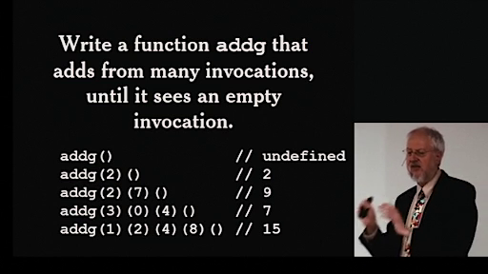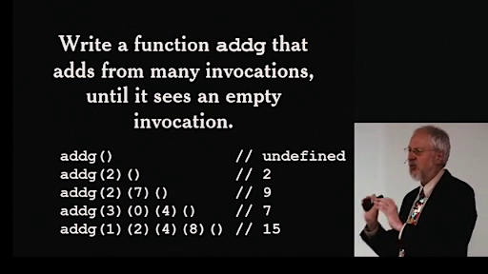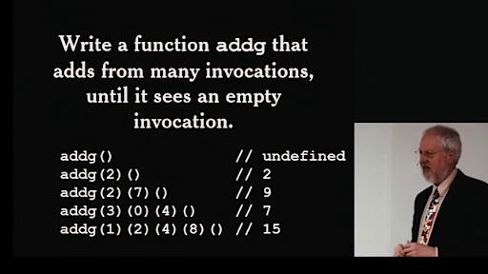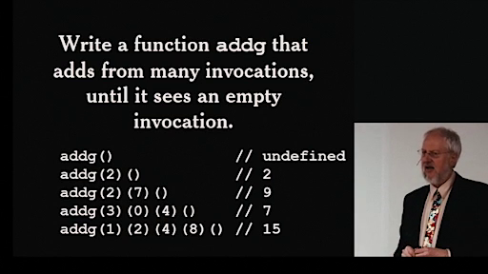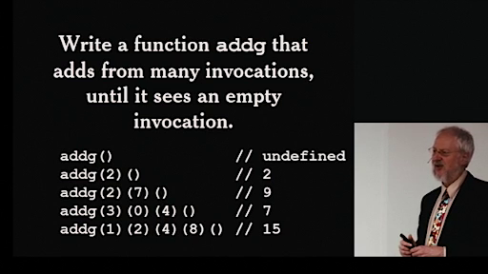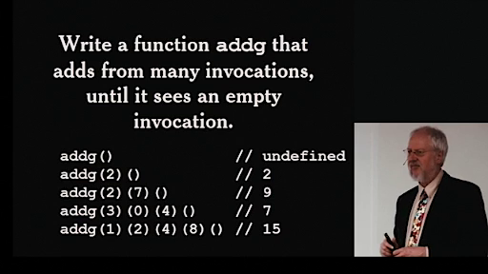If you pass 3, then 0, then 4, then nothing, it'll return 7. And if you pass 1, 2, 4, 8, and then nothing, it'll return 15. So I'll give you a hint. This problem is going to involve a function returning itself, which is something you may have never encountered before.